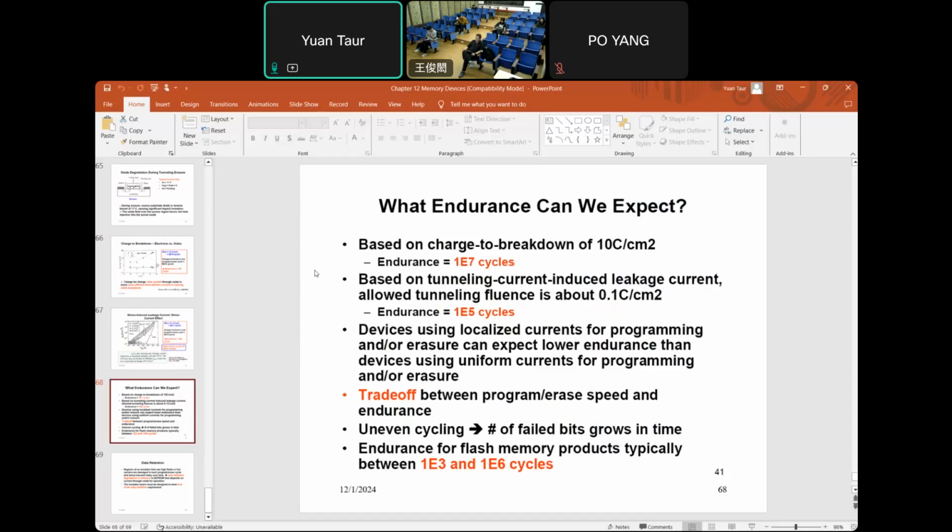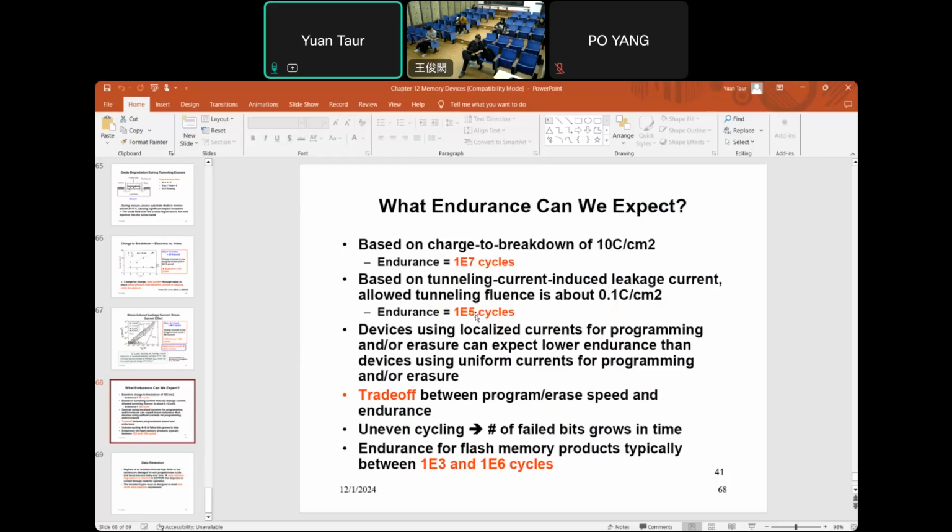There's a wear out, so there's endurance, and usually charge to breakdown gives about 10 to the 7 cycles, and from the leakage current point of view it is 10 to the 5.